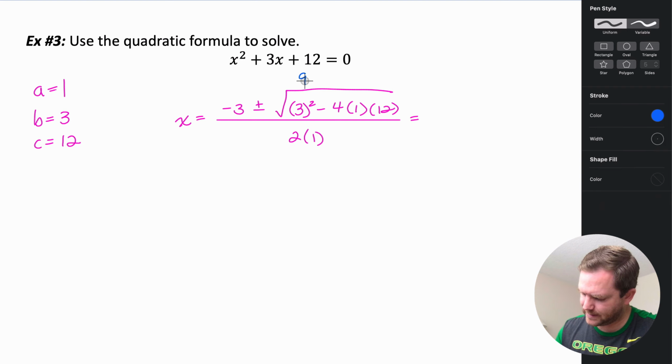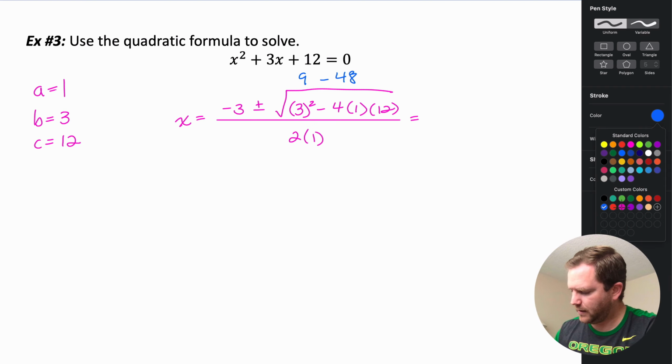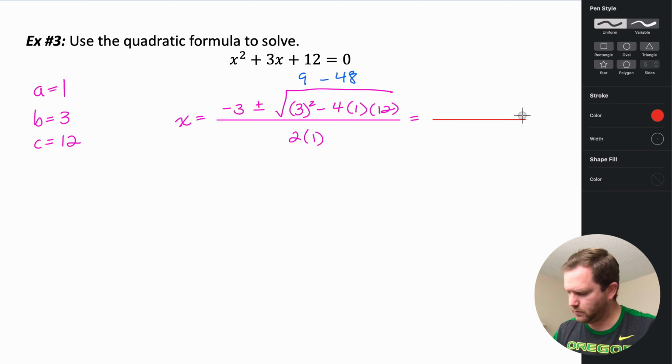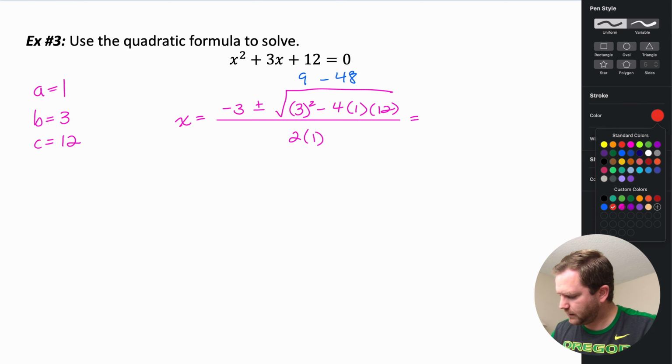Okay, so what do we have here? 3 squared, that's 9. 4 times 1 is 4. 4 times 12, that is, what, 48? So it's minus 48. And then go through and simplify this. So that's going to be -3, sorry about that, wrong color.